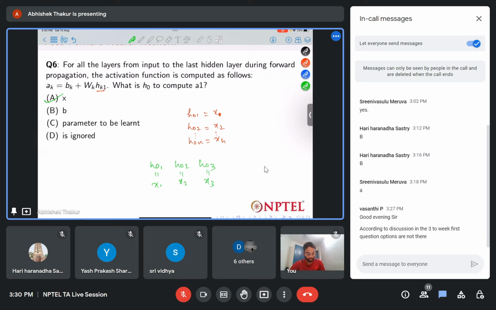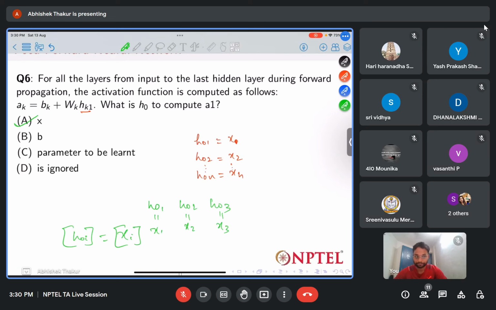So our h naught vector is the x vector. So option A is correct. Any doubt in this? If you have any doubt, then you can write in the comment box.